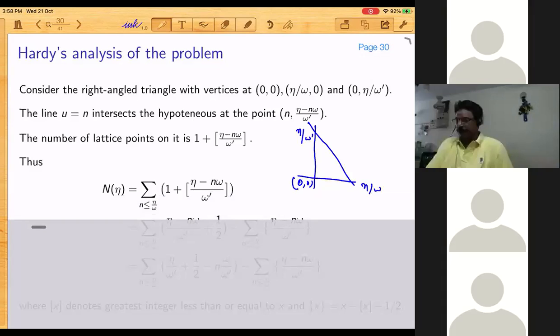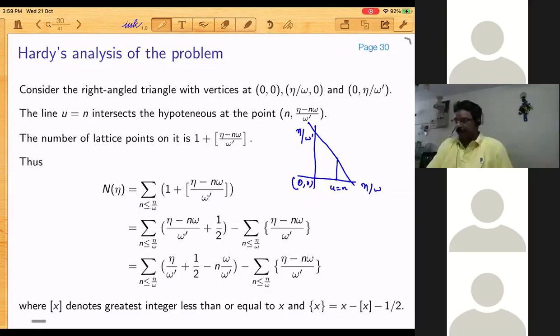Now the number of lattice points on this line u is equal to n is nothing but the length of the line. That is the integral part of eta minus n omega by omega prime, plus 1. Therefore, for a fixed u, these many points are there.